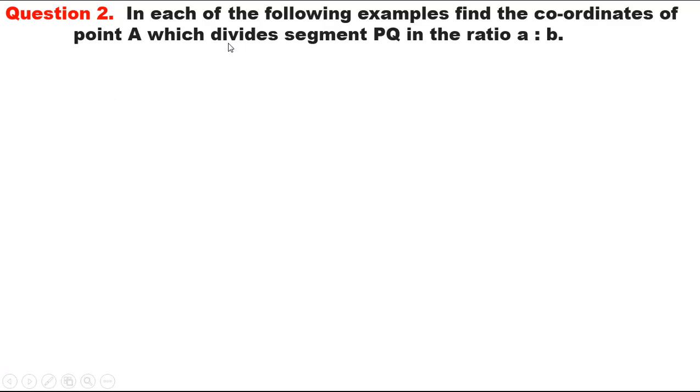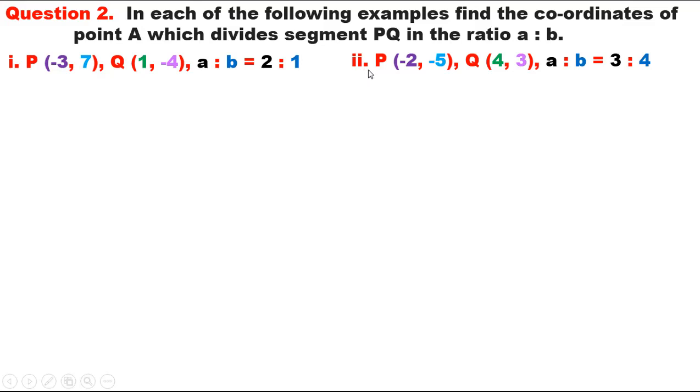Question second. In each of the following examples, find the coordinates of the point A which divides the segment PQ in the ratio a is to b. Second example, P and Q, the ratio a is to b is 3:4.